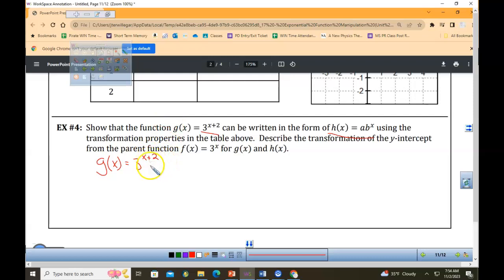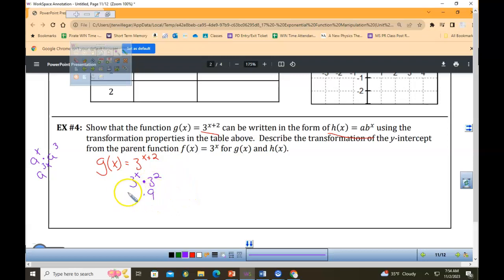Now, if I'm adding my powers up here, what does that mean? It means I was multiplying down here, right? And if I look at my properties from the first page, a to the x times a to the 3 would be equal to a to the x plus 3, right? Now, what's 3 squared?